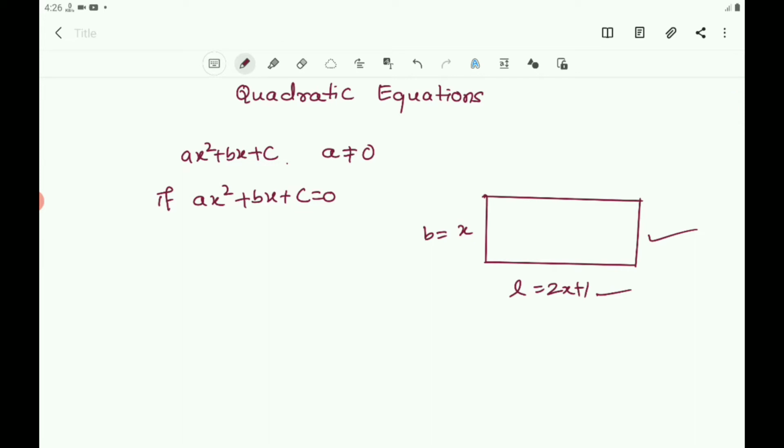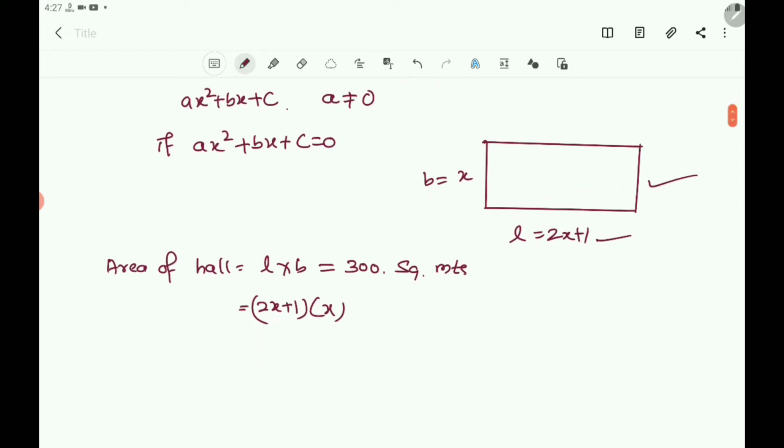So the hall is in the shape of a rectangle, then area of hall equals length into breadth, that equals length is 2x plus 1, breadth is x. You know that the area of the hall is given, that is 300 square meters.